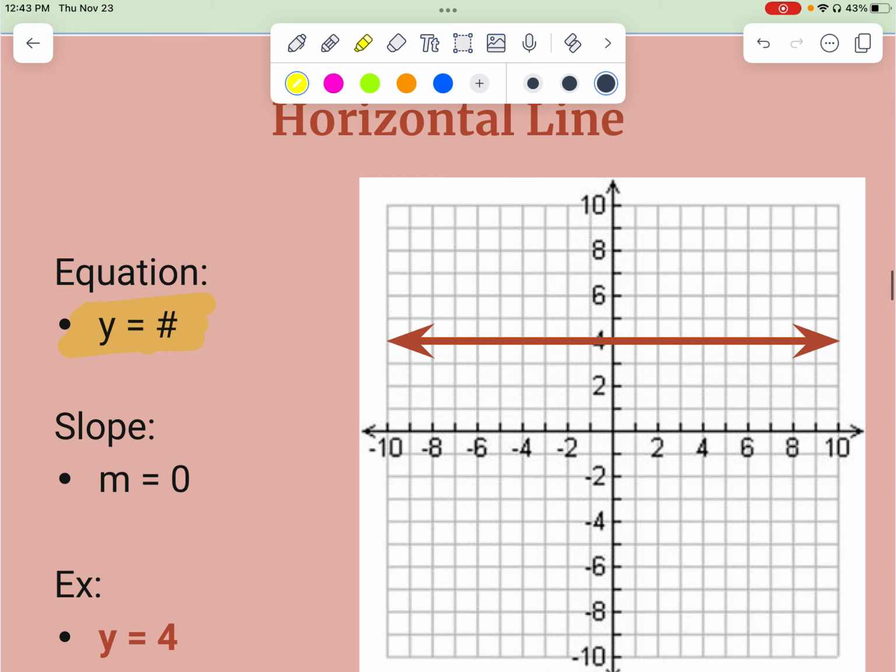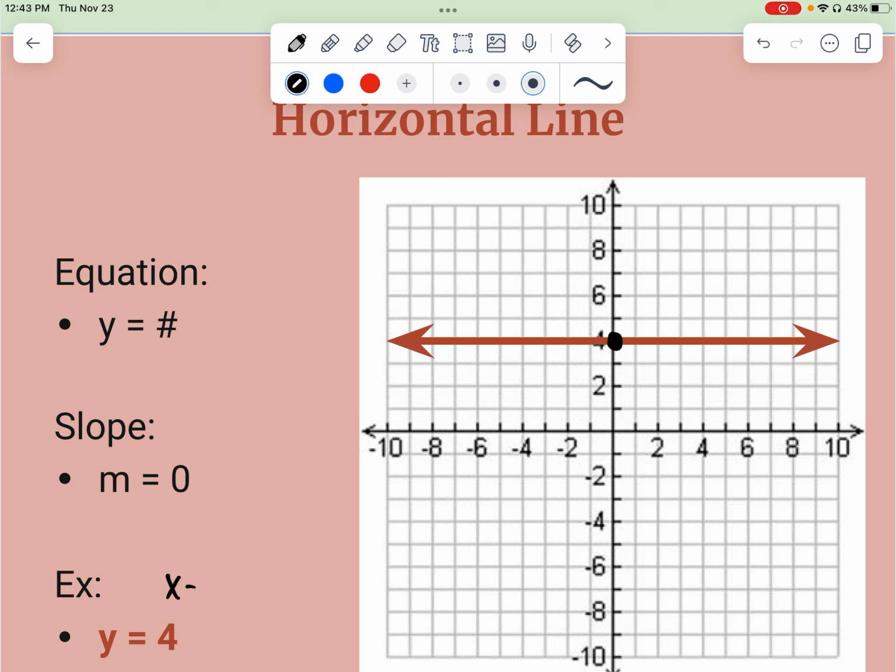So an example of this is y equals 4. This graph is actually the graph of y equals 4. Now why is that? That's because the equation y equals 4 is really saying no matter what value of x we have, y is 4. If x is 0, y equals 4. What if x is 4?